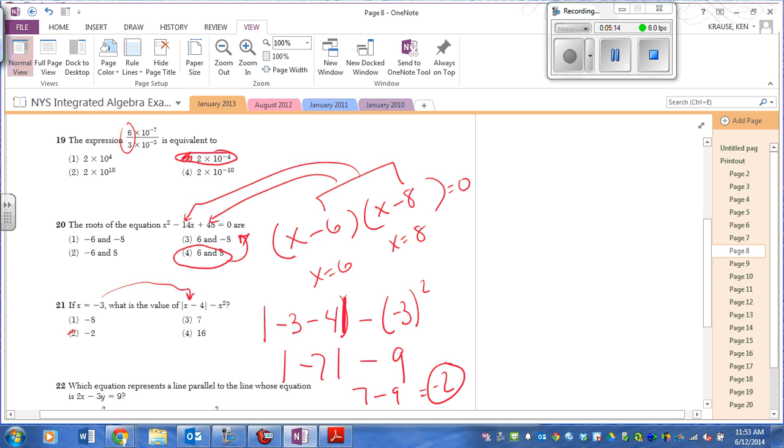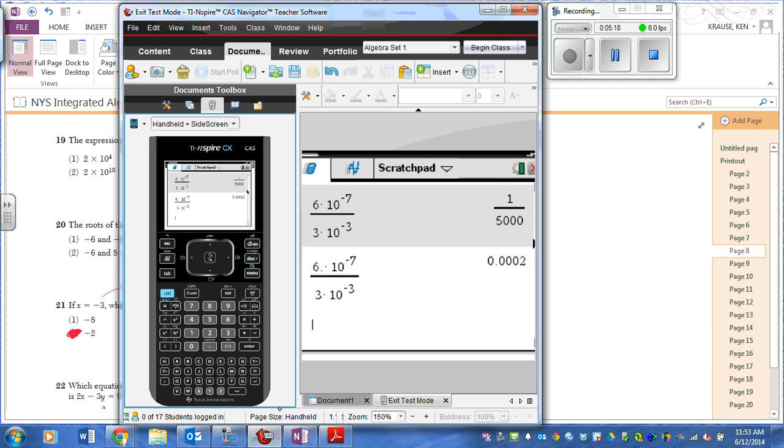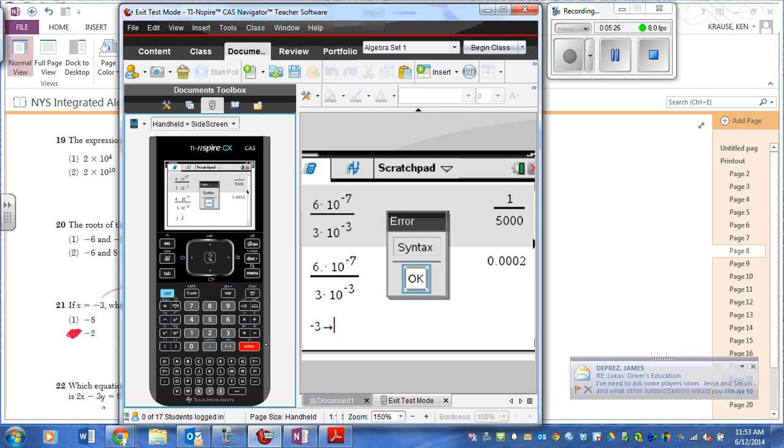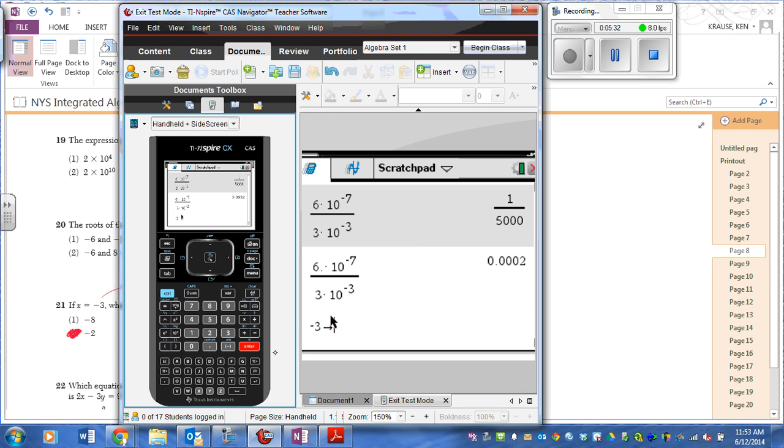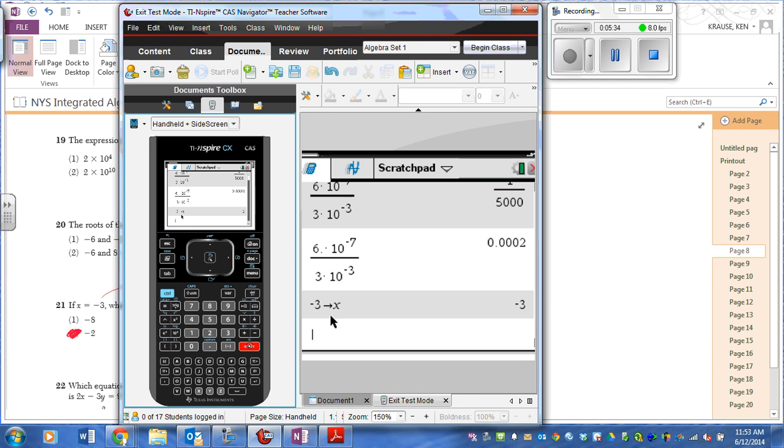Now we're going to check it. Store negative 3 in for x. Forgot to put the x. Enter. And then we're going to do the absolute value. Right here.